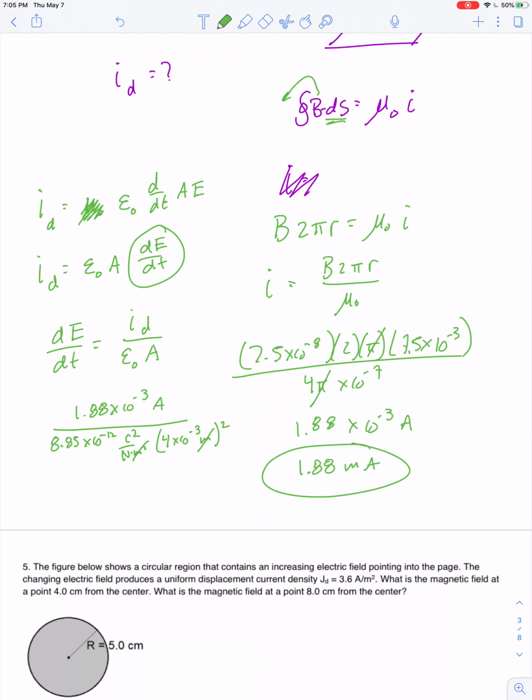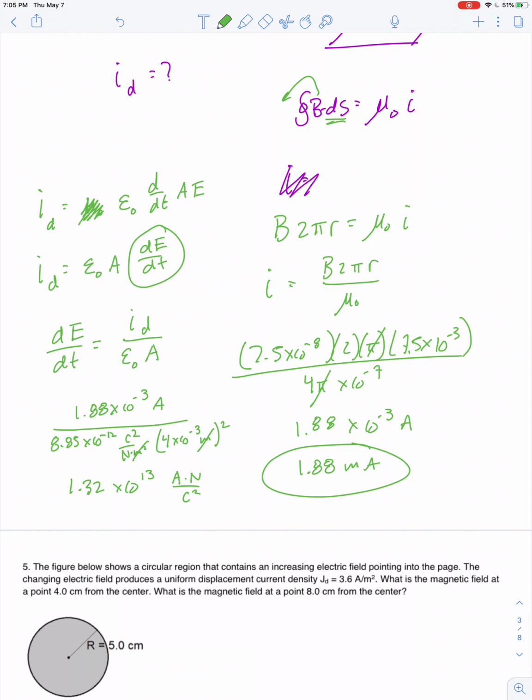So let's multiply all this out. And we get 1.32 times 10 to the 13th amp newtons per Coulomb squared.